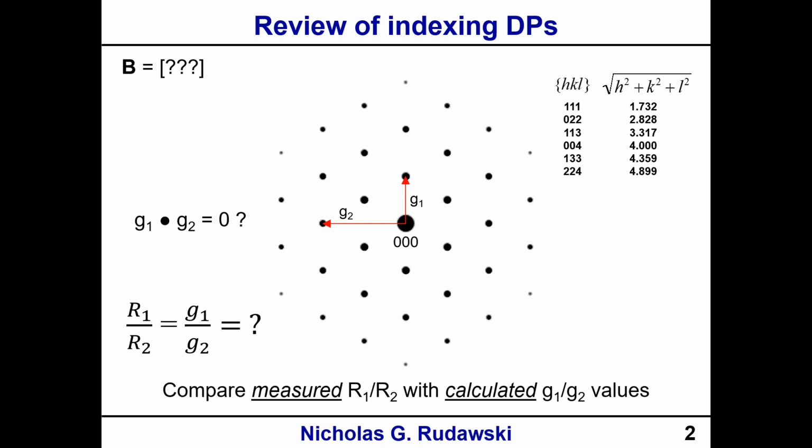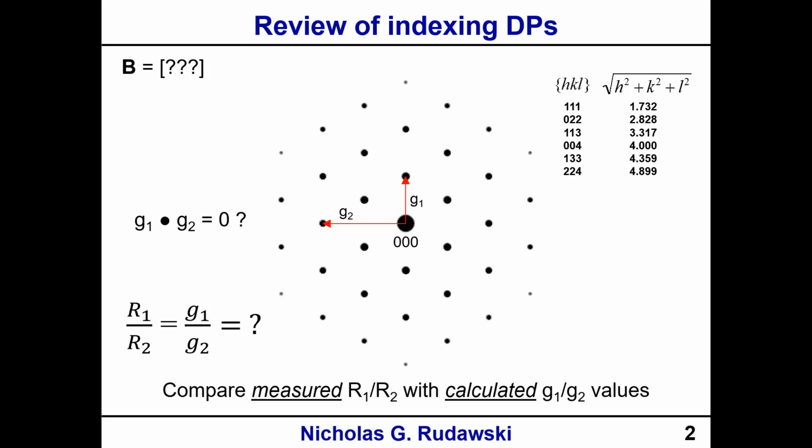By convention, I prefer to arrange it so G1 is the shorter of the two if they have to be different lengths. Obviously, we saw examples where they can be the same length, like with the 001 zone axis family. But in the majority of cases, that's not going to be the case. So I prefer to keep G1 the shorter of the two G vectors.